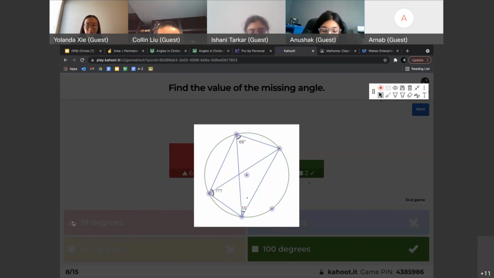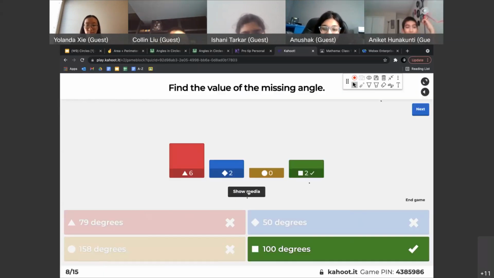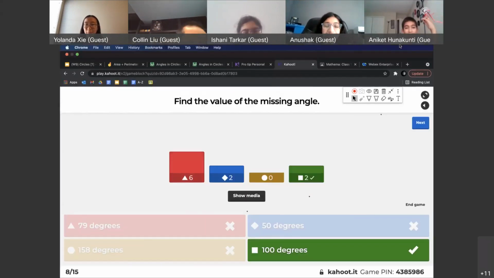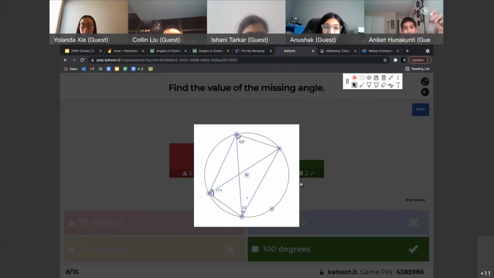Let's just move on. No, I say we argue because I clicked 79 and I want my money. I think we should argue too because I clicked 79 as well. I'm fine with spending the next 15 minutes figuring it out. Yeah, then we can just waste class and no one will get any points. Everyone should get extra points.